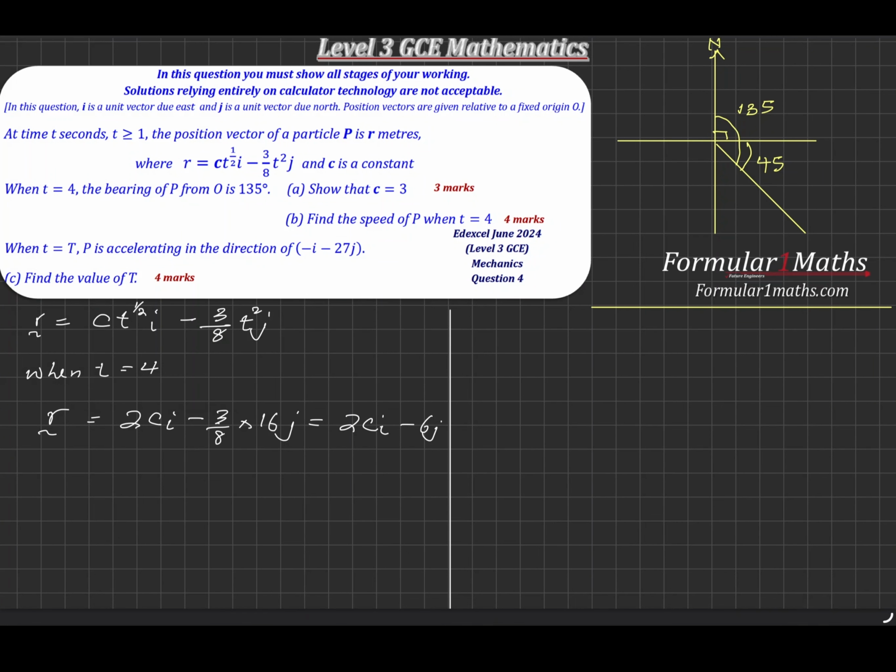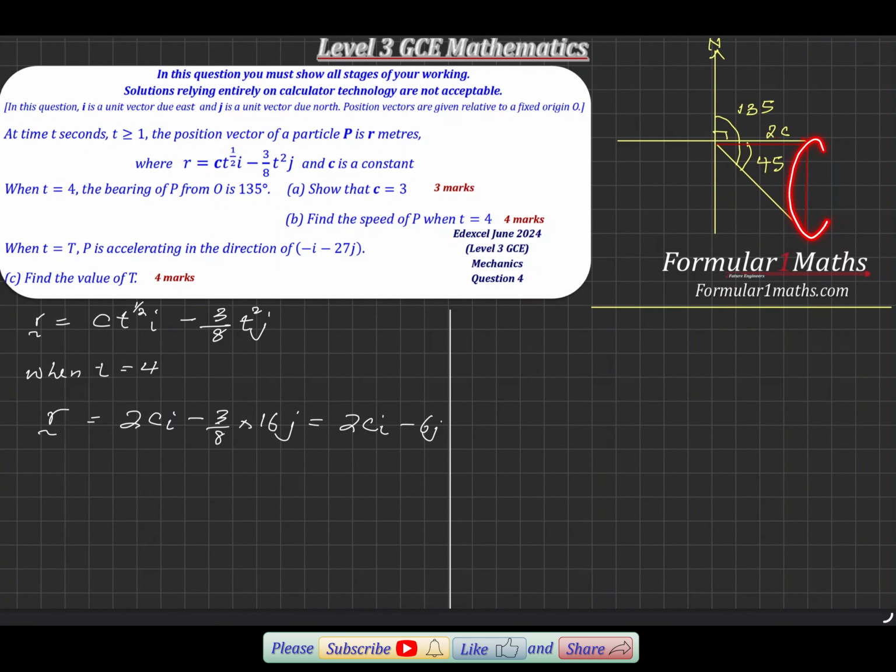So the components of the vector, which will be this line here: this component of the vector is 2c, and this component will be minus 6. So I put in 6, since the direction is already going down.